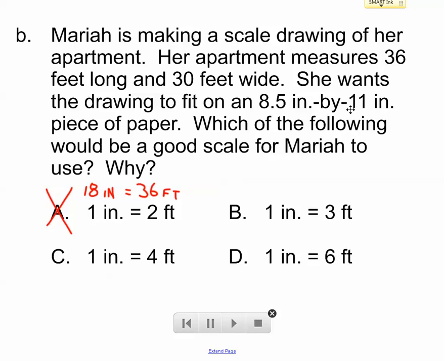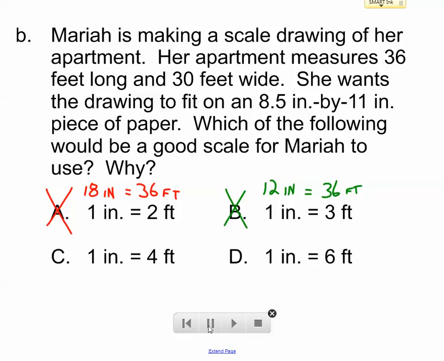Now I've only got an 11-inch piece of paper, so it's just not going to fit. So if we do that again here on B, again 36 feet is going to have to be represented by 12 inches. And that's not going to work either. Again, I only have an 11-inch piece of paper. If you're wondering where I'm getting these, 2 times 18 is 36, so 1 times 18 is 18. 3 times 12 is 36, so 1 times 12 is 12.